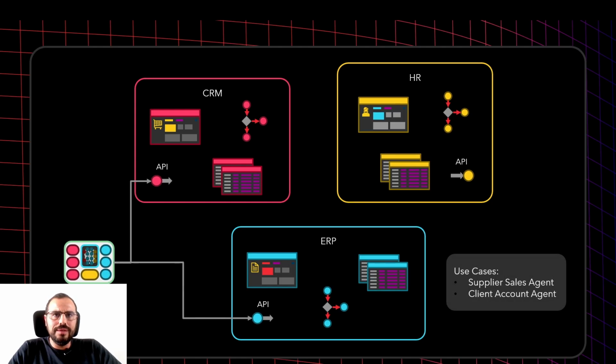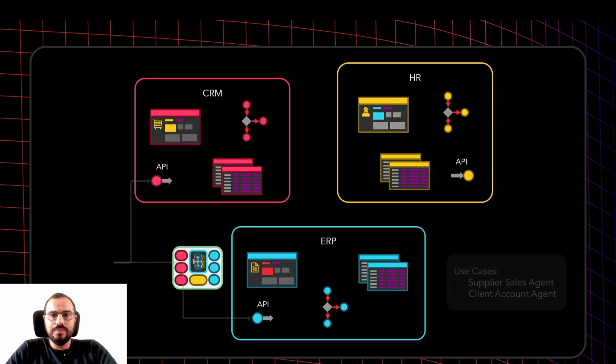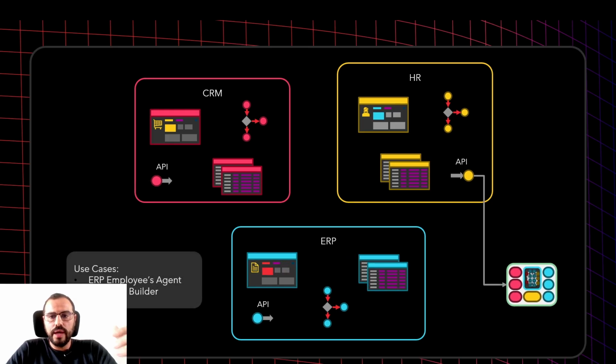And looking outside our own OutSystems environment, we could even have an external agent from another company calling the APIs that we have in our CRM or in our ERP system to get some information, for example, of suppliers, or to have some information of his client account or opening orders, etc. But at the same time, we could also expose information if we wanted an external agent to react upon that information, right?